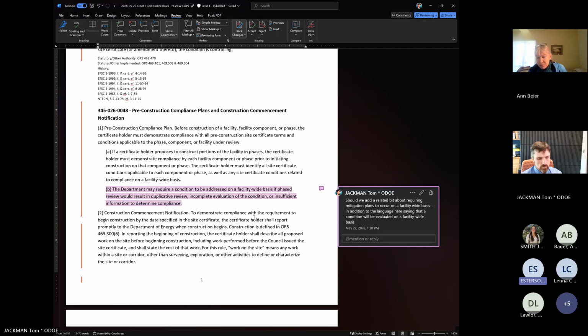I don't think that this type of decision should be determined at pre-construction. If it's important for the whole to be evaluated, or it's not something where phasing is necessary, it should be obvious.